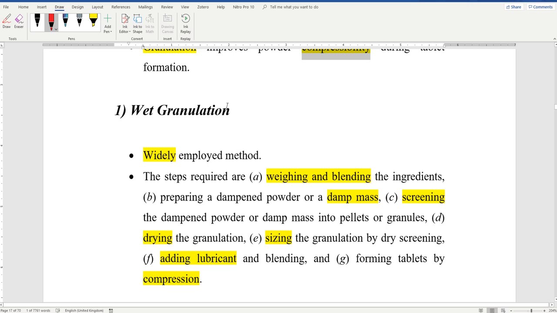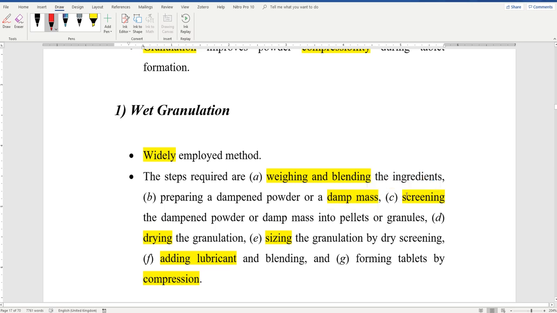Wet granulation, this is the most widely used method, and as I said, it's widely used because we are producing granules that are free flowing, and because of the binder distribution in the granules. It involves weighing and blending the ingredients. Of course, before blending them, we need to make sure of the particle size, especially of the drug. After blending, we need to wet the mass to get wet mass.